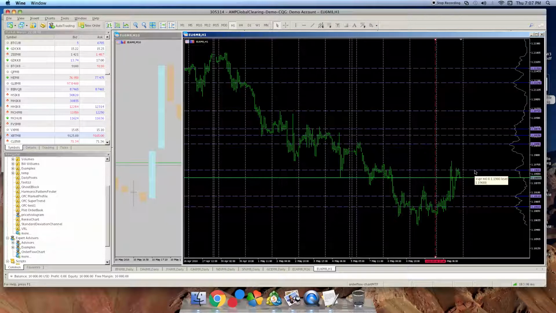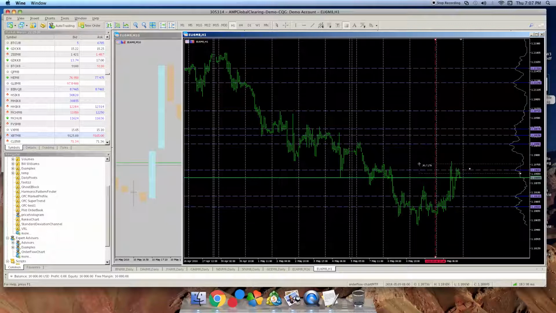So what we are looking for are those areas of acceptance, which are already indicated by this indicator. So we have, for example, this one. These are all high volume nodes.